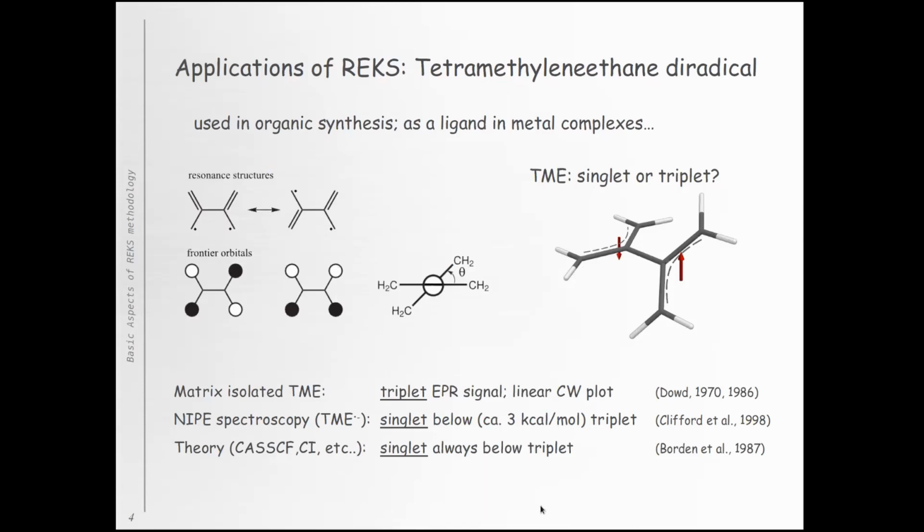About today's simple computation work, we will calculate the tetramethylene ethane diradical. It has a singlet ground state, but it's a strongly correlated multi-reference ground state. If you try to draw Lewis structures for this molecule, you cannot draw a closed shell Lewis structure.